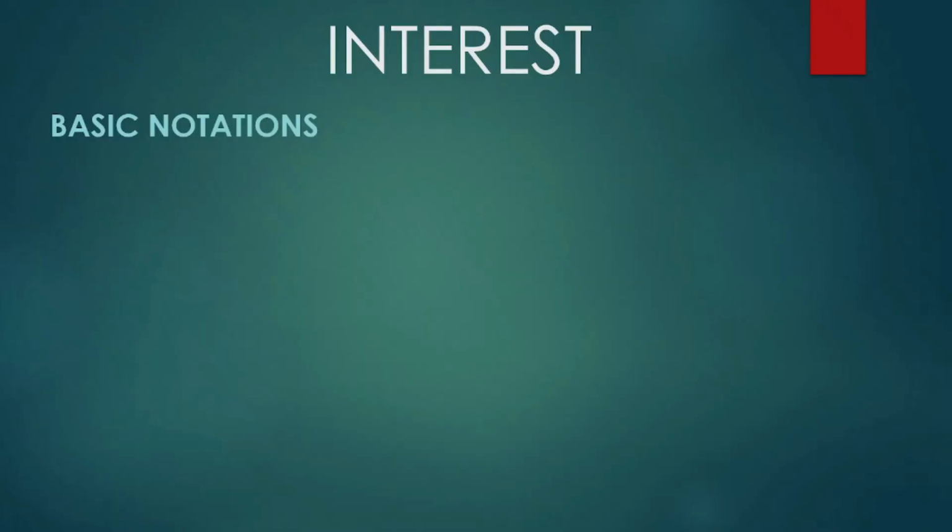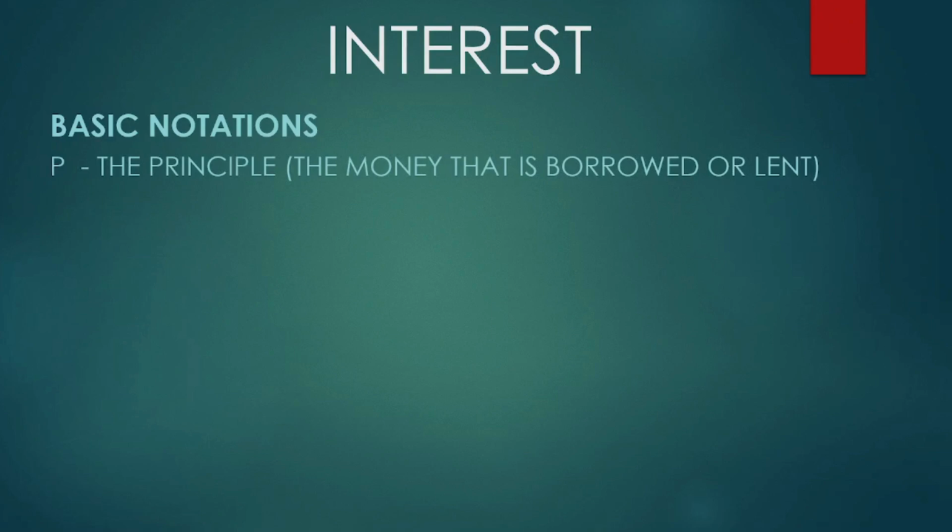Before going to deal with simple interest, we should know what interest is. For this, we must know the basic notations. The first one is P, the principal, which is the money borrowed by us.